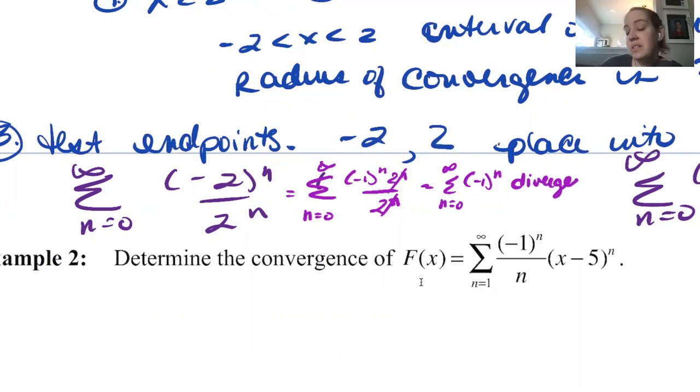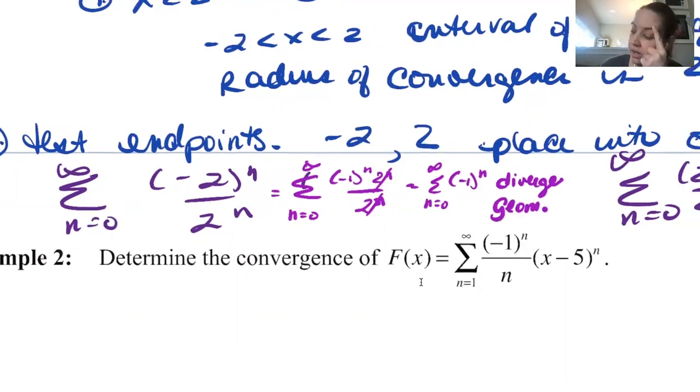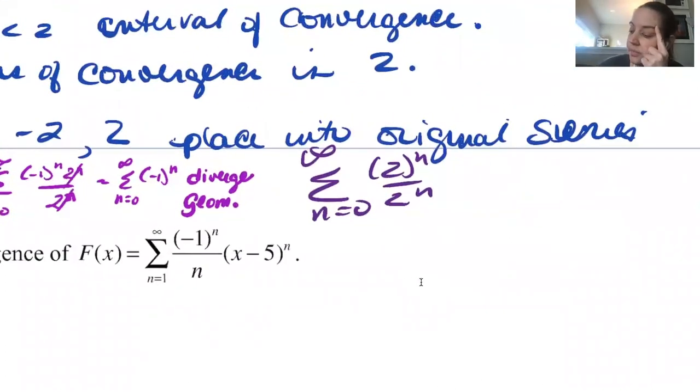But you can also think of this as a geometric series. Because that ratio is equal to 1, it's not less than 1, you can say it diverges by a geometric series. So therefore, we can't include the negative 2. So let's come over here and include a positive 2. I've got n equals 0 to infinity of 2 over 2, both to the n.